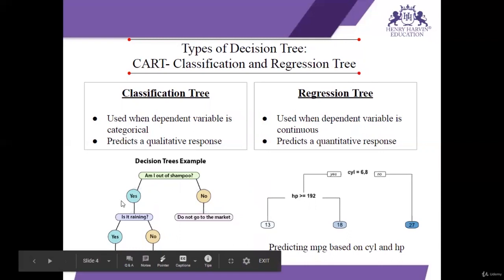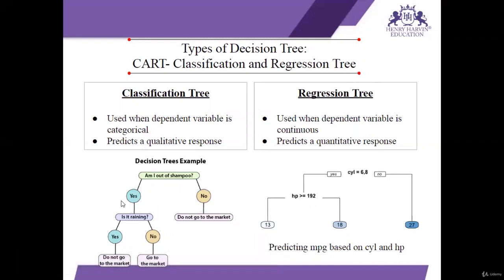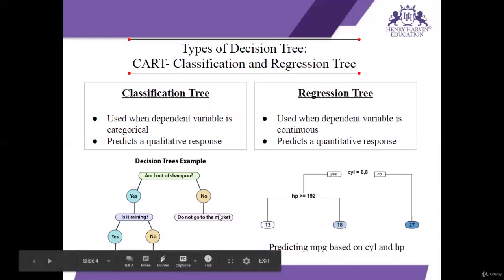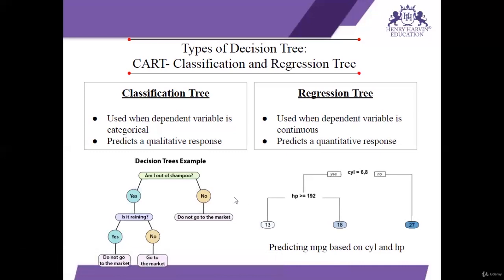Or if the answer is no, then there is the terminal node which says, go to the market. And if your answer for am I out of shampoo is no, then there is directly the last node which says, do not go to the market. So it is a qualitative response, where there is no number, we come to a conclusion whether to do this or not.